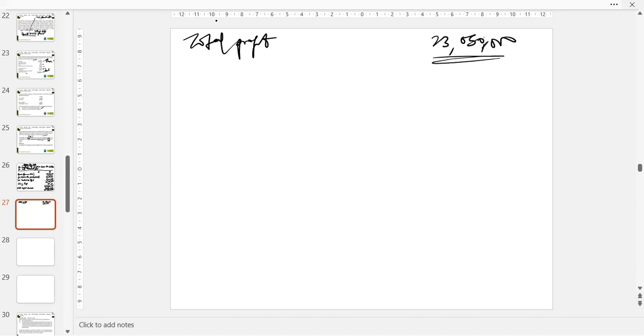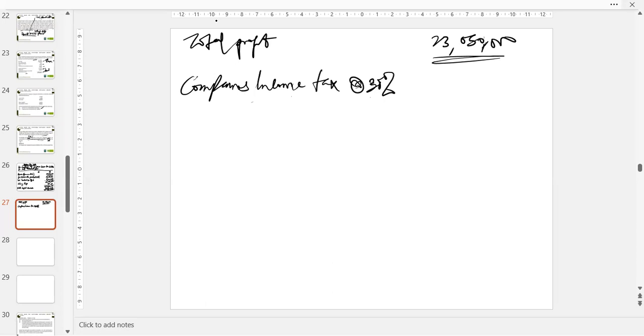So our company's income tax is at 30%. Why are we using 30%? Because the turnover is 100 million naira or more.